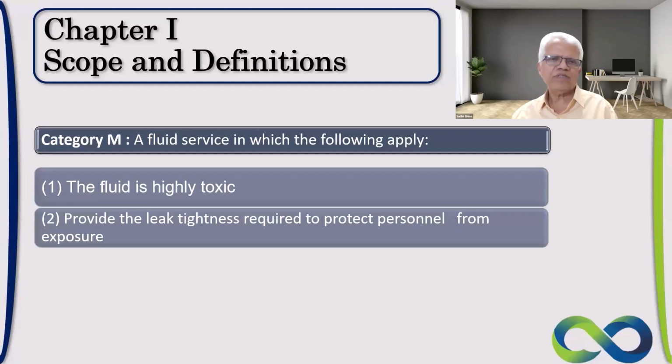The flange guards are the most important aspect of Category M fluid, which prevent any accidental leakage, and if personnel are moving around, they prevent direct exposure to the personnel in that plant. And what is the meaning of toxic fluid? It says the fluid is so highly toxic that a single exposure to a very small quantity of the fluid caused by leakage can produce serious irreversible harm to persons on breathing or bodily contact, even when prompt restorative measures are taken.